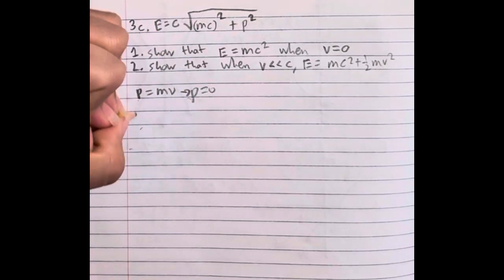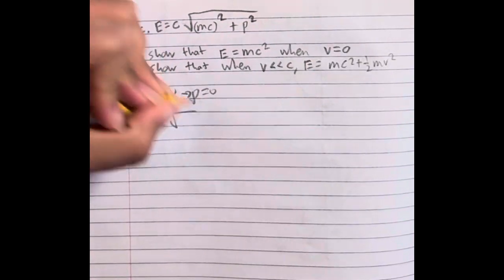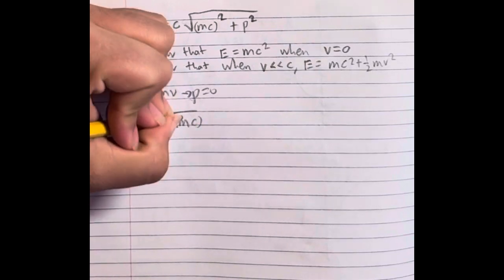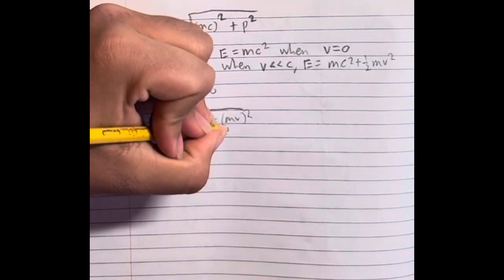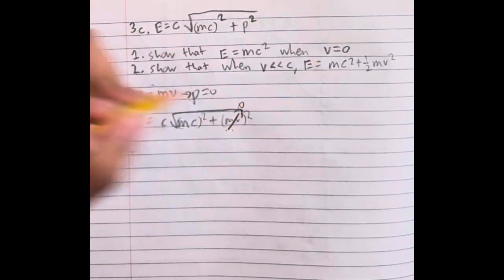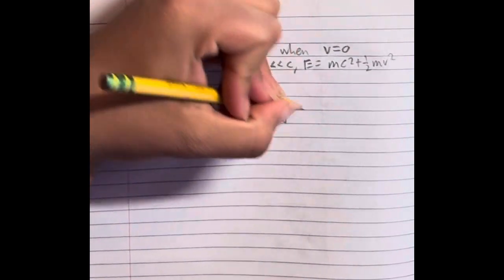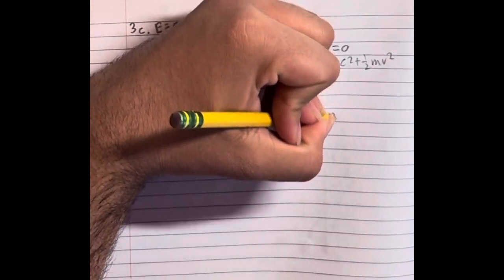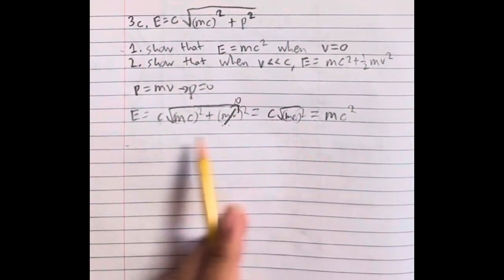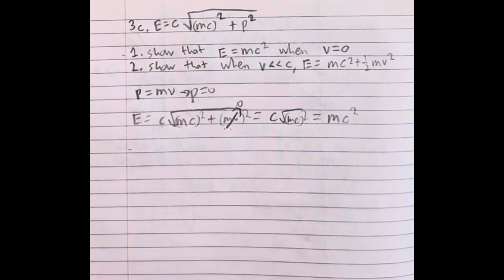This means that E equals c times the square root of mc squared plus mv squared, where this term right here goes to 0, which just gives us c times the square root of mc squared, so then mc squared. And as you can see, E does equal mc squared when v equals 0.